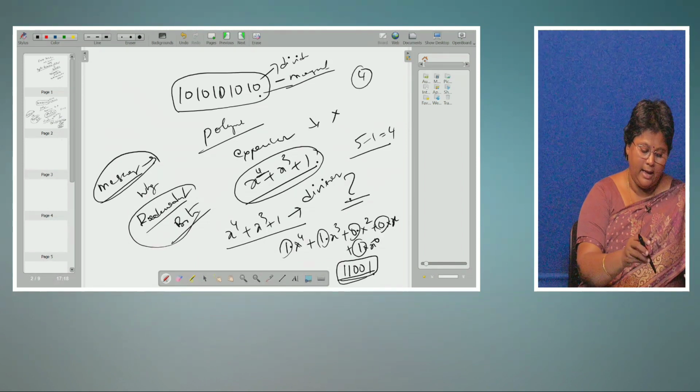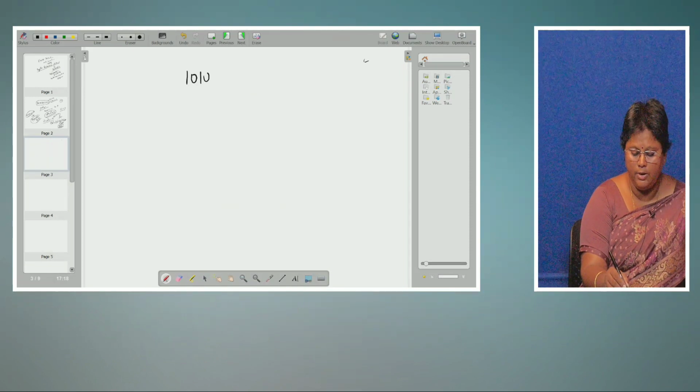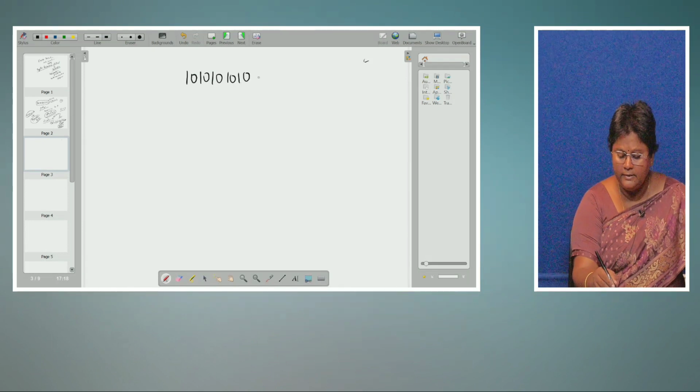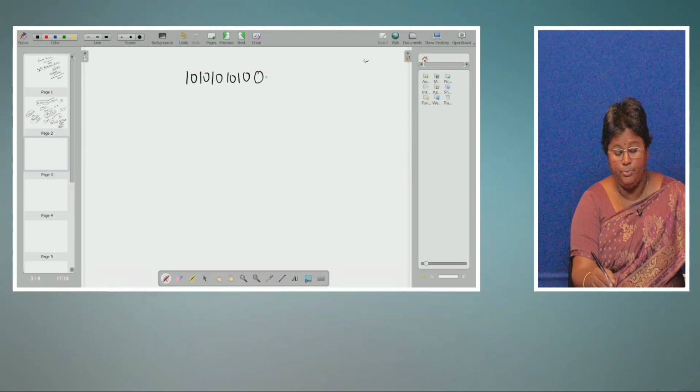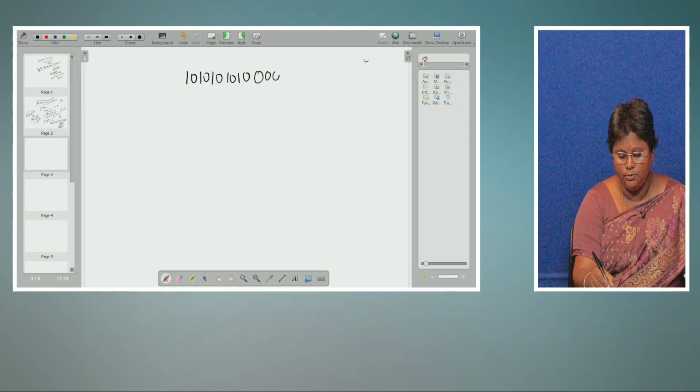So when I add 4 extra bits, my message will become 1010100000. I am adding zeros first because I don't know which bits to add. I have to find out what redundant bits to add, so first I am replacing them with zeros.